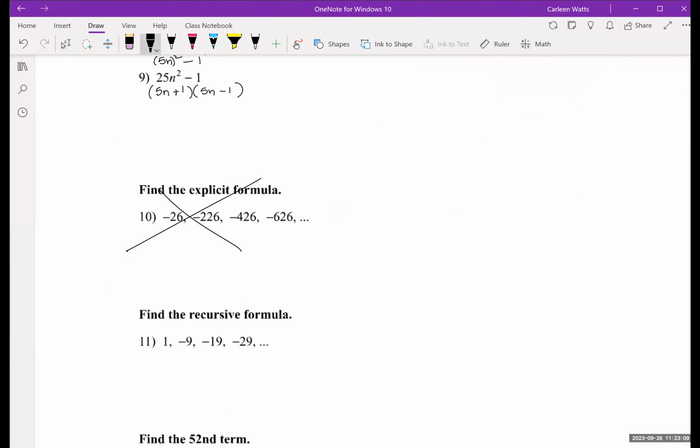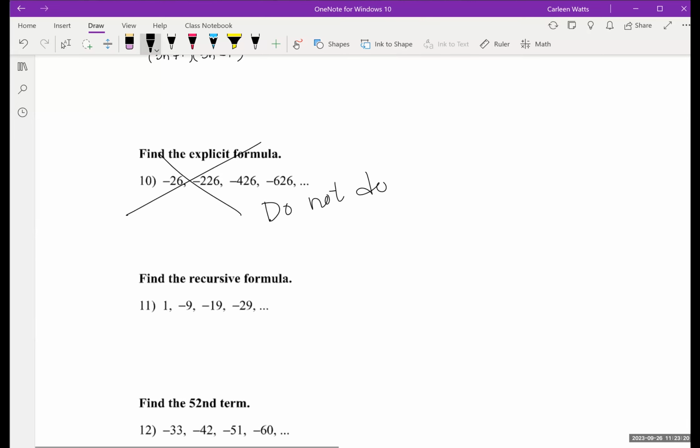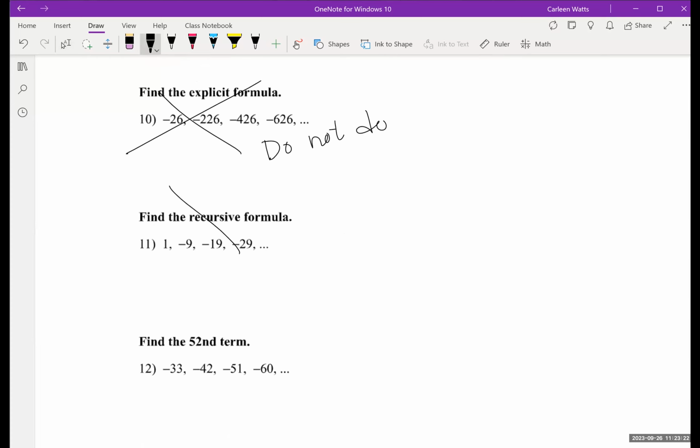Number 10. If you are new to us, you need to know how to find the explicit formula. It's in weeks 1 through 4. Do not do. We're doing enough today. Number 10, 11, 12.